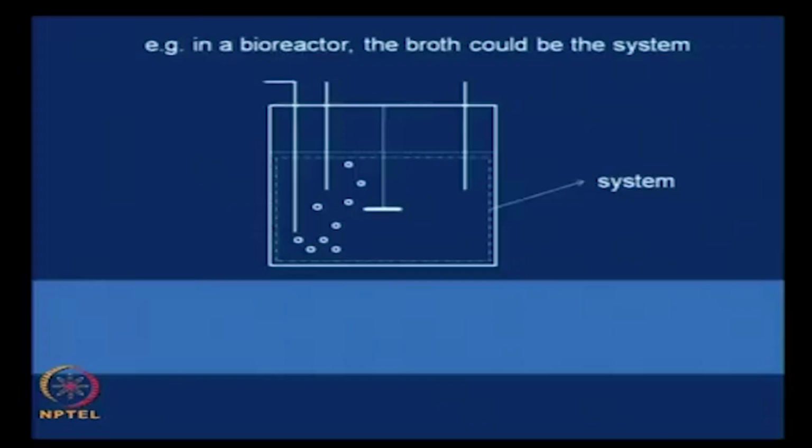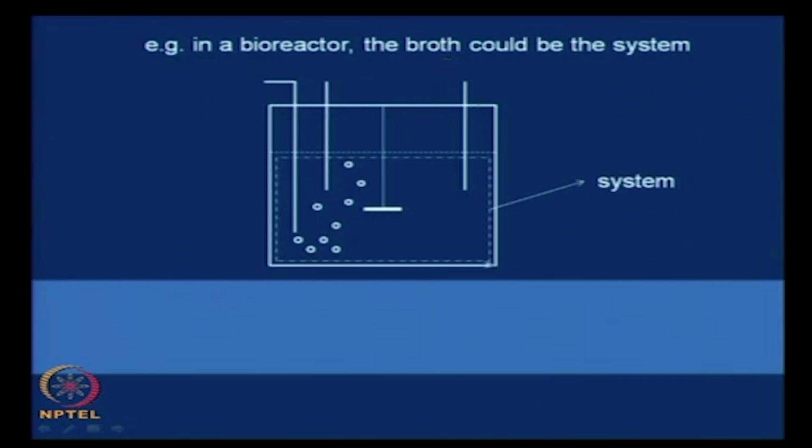You would have been introduced to what a bioreactor is in one of your first courses. Very simply, a bioreactor is nothing but a vessel in which bioreactions take place. You can qualify it by saying it is a highly instrumented and controlled vessel in which the bioreactions take place. We also know that the liquid in the bioreactor is called the broth.